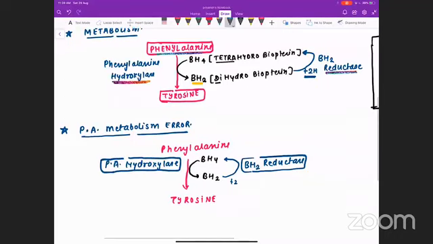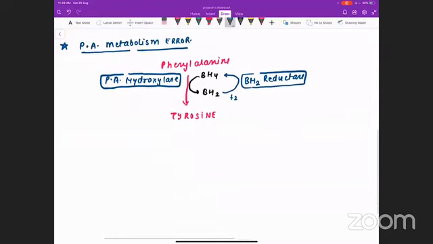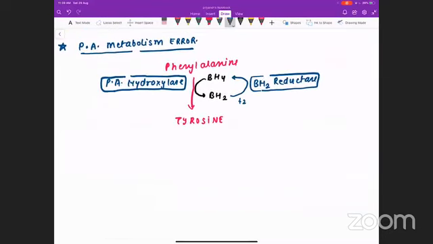Let's say if there is deficiency of any of the one, either phenylalanine hydroxylase or BH2 reductase. If there is deficiency of either of the one, then the reaction cannot occur, because for a normal reaction of conversion of phenylalanine to tyrosine, we require these two enzymes.